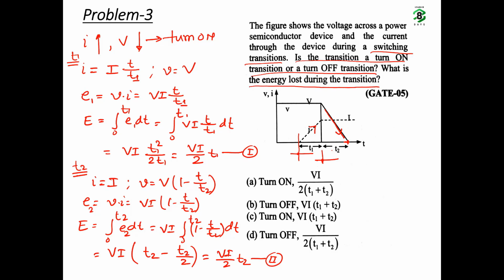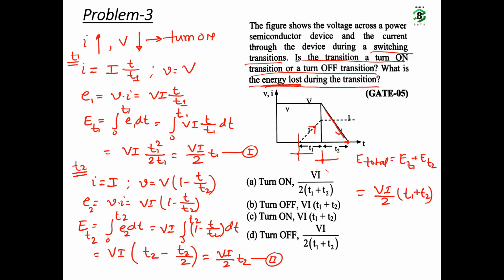So the total energy loss as per the question, E total, is equal to E for T1 plus E for T2, that is V I by 2 times T1 plus T2. Had the answer been V I by 2 times T1 plus T2, then option A would have been correct.